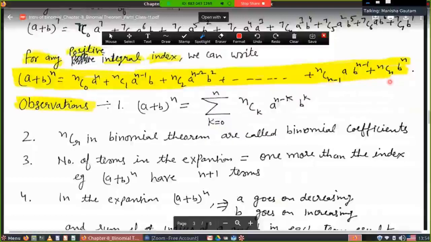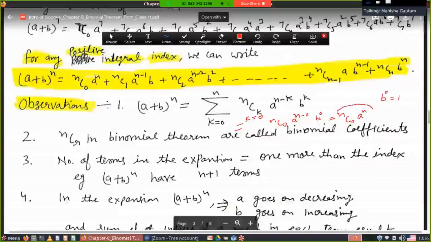I'll show you, just try to put it here. If you put k equal to 0, you will get nC0 a^(n-0) b^0. What is the meaning of this? nC0 a^n, and b^0 means any number having power 0 is equal to 1.